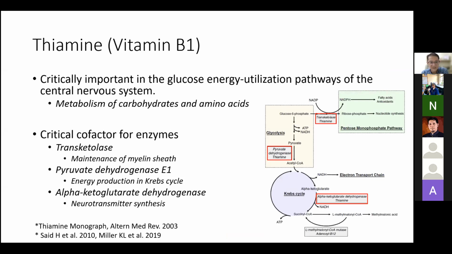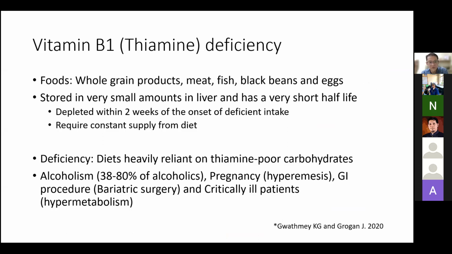Thiamine is one of the critical nutrients required for metabolism of carbohydrate and amino acids, and for the function of the central nervous system. These patients lose all their thiamine because they are starved of food, and your entire body thiamine will deplete within 2 weeks if you have no constant supplement of thiamine from your food.